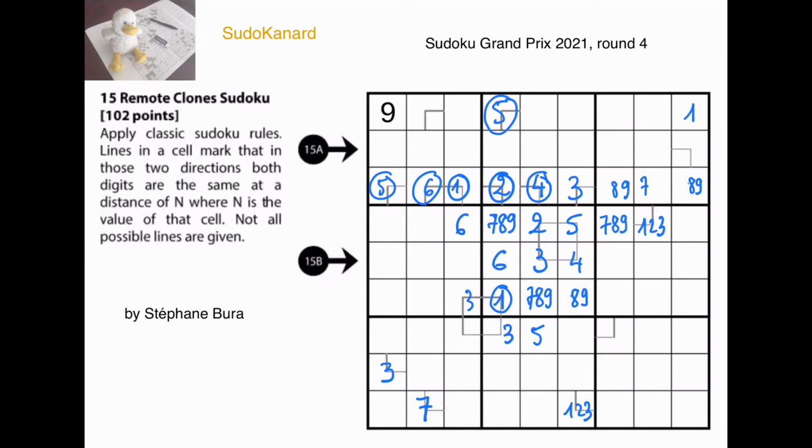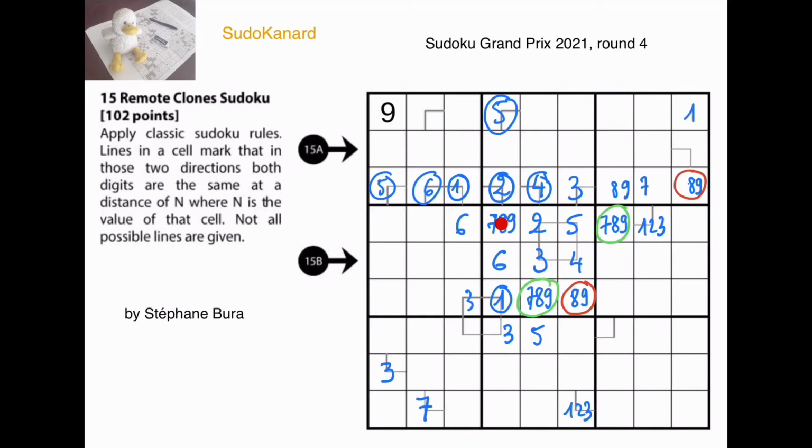And something interesting here is that those 2 digits are different. Let's just use some coloring. No, those 2 digits are the same. Those 2 digits are the same. And you see that this digit is 8 or 9 and is different from both those digits.